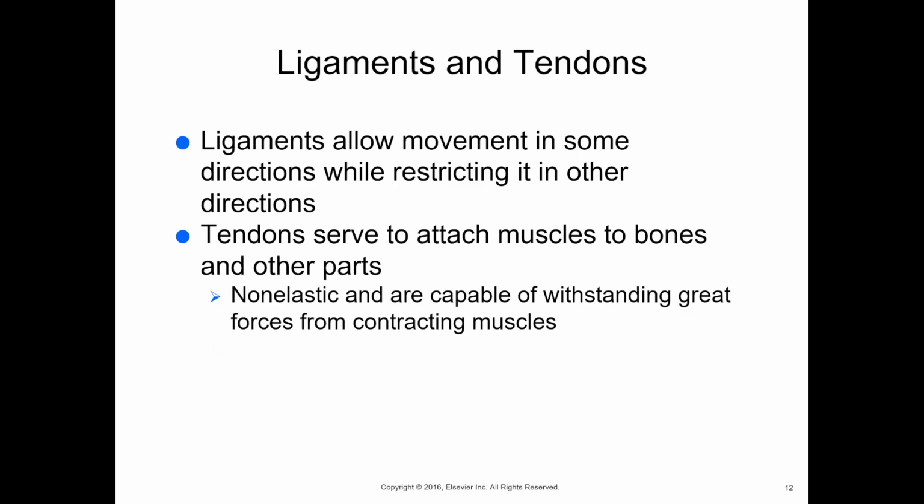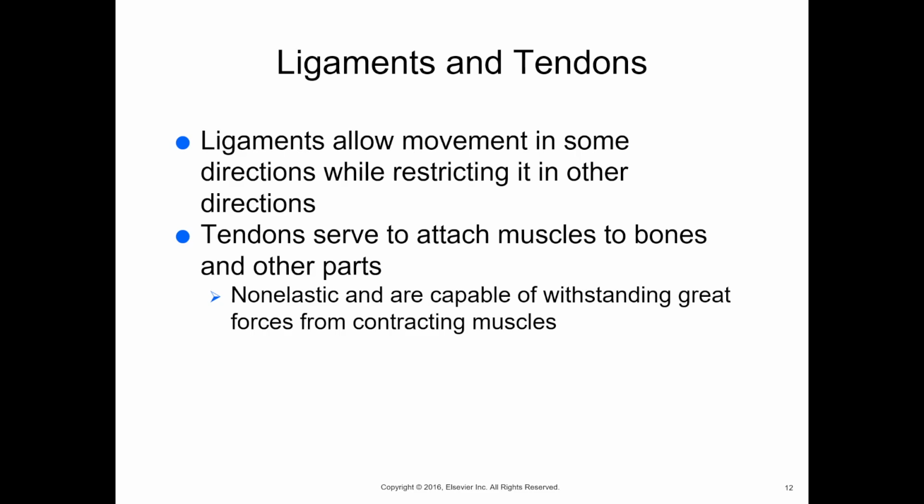So ligaments and tendons. Ligaments connect bone to bone. They help restrict essentially bones' movements. Now, tendons, on the other hand, attach muscle to bone. They don't have a high amount of elasticity in them because they still want to be able to contract.